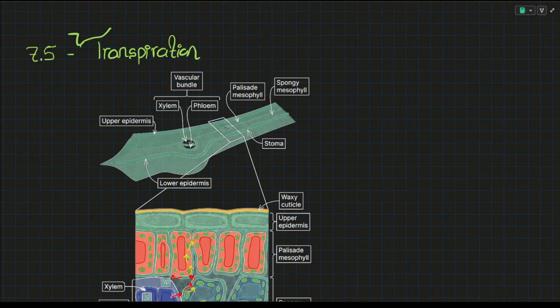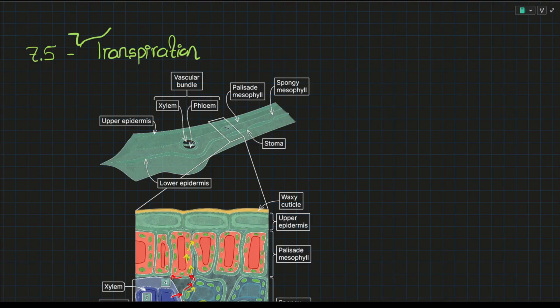7.5 is about transpiration and how the transpiration pull is going to eventually take water from the roots through xylem vessels into the rest of the plant. The rest of the plant includes the stems as well as the leaves of the plant.